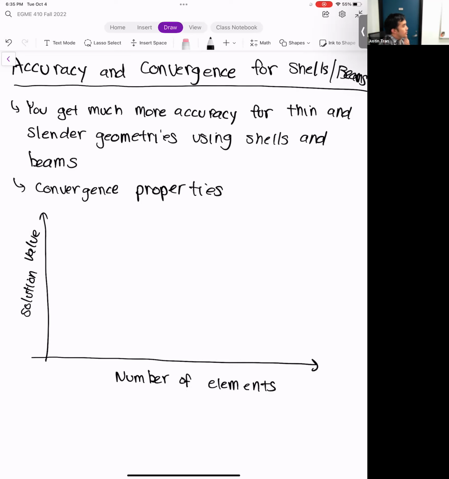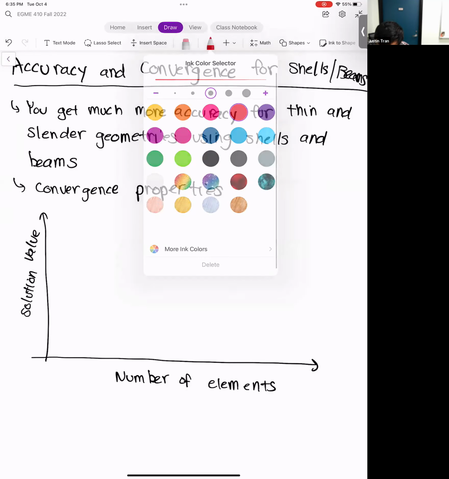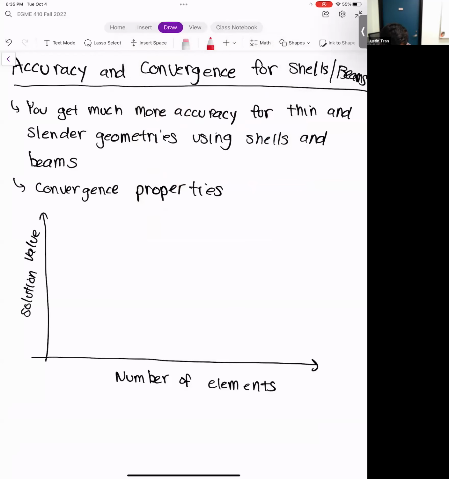Remember when we talked about things like mesh convergence, we know that a mesh is well converged when the solution no longer depends on the number of elements. If we look at a typical curve for solid elements, maybe it looks something like this.